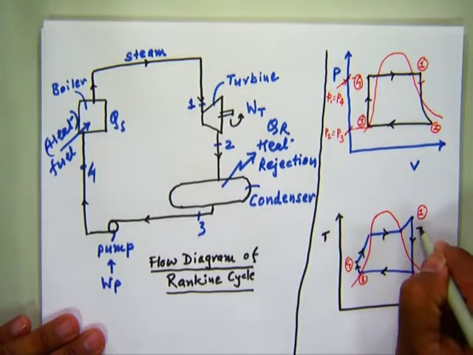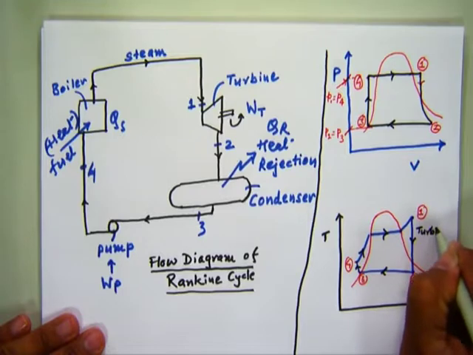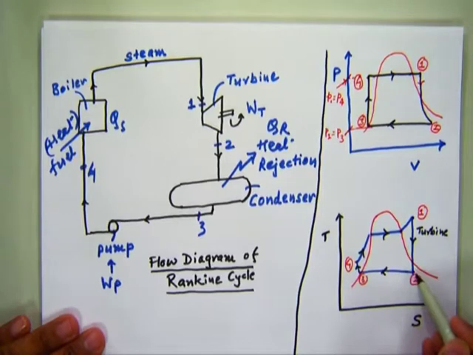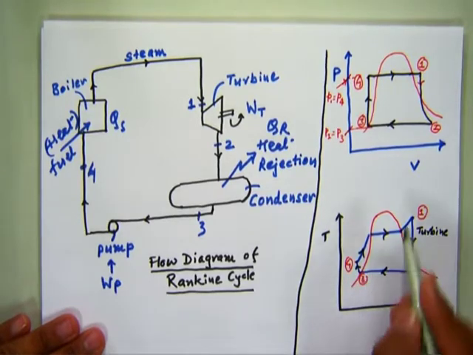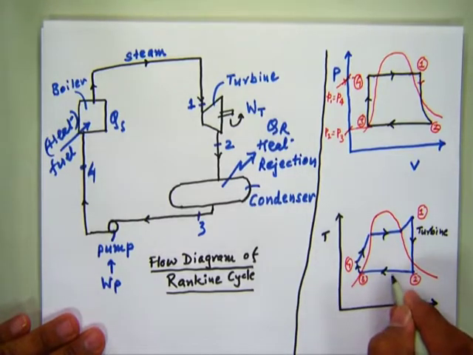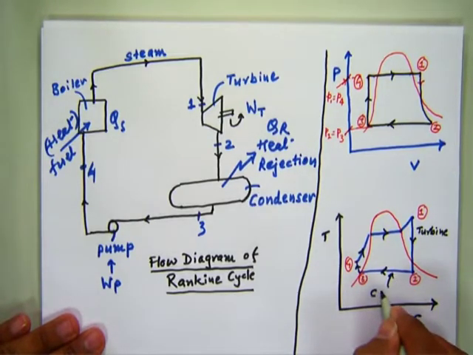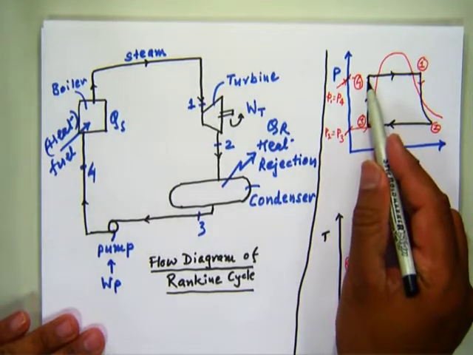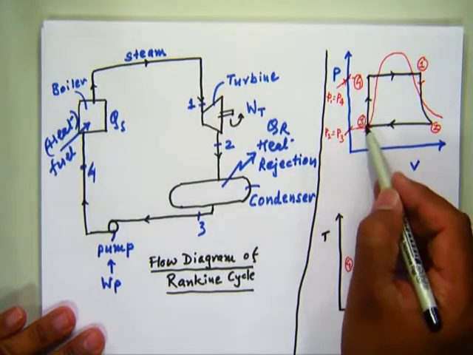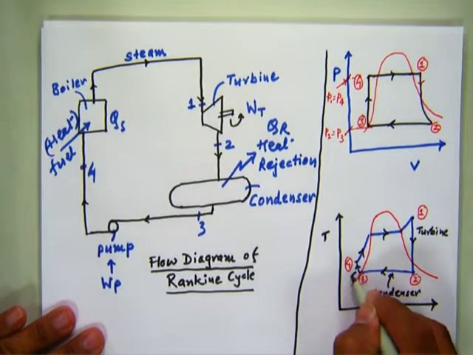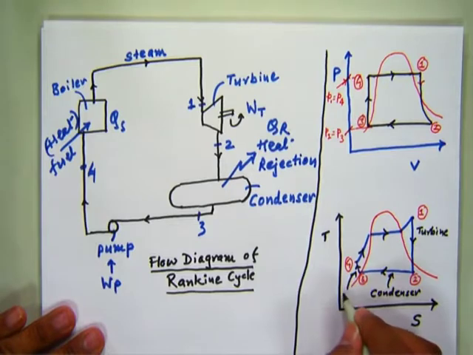This is in turbine, 1 to 2. Here it is 2 to 3 heat rejection in condenser. This is in condenser. 3 to 4 pumping work, so that is through the feed pump back to the boiler, in pump.